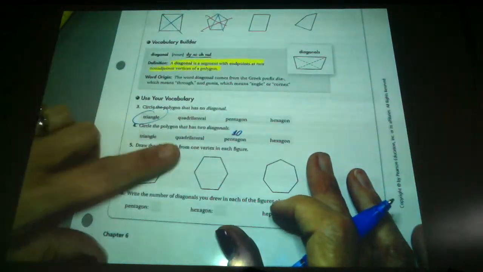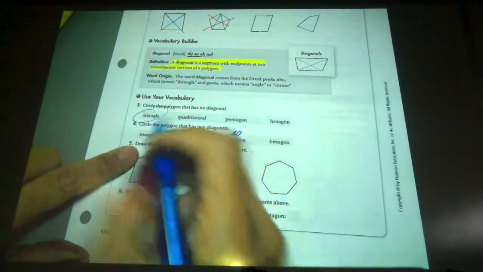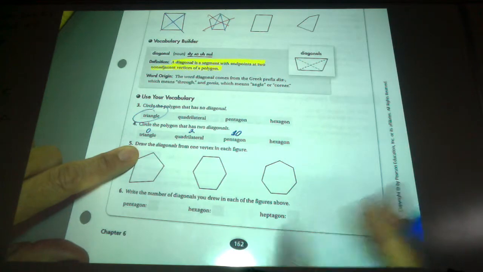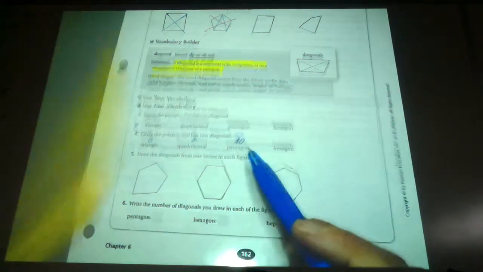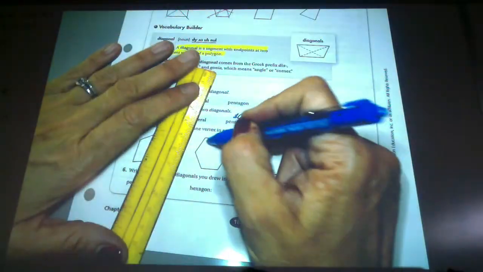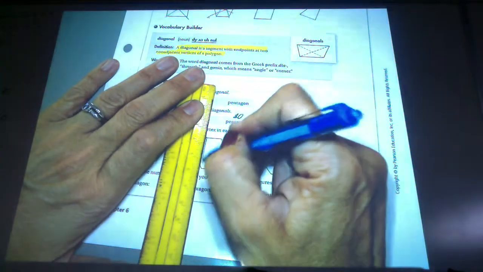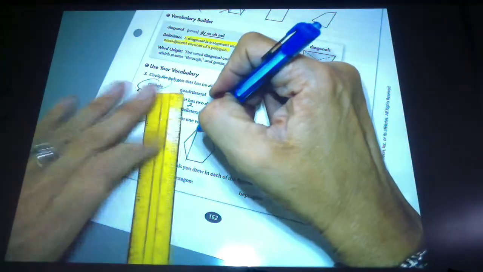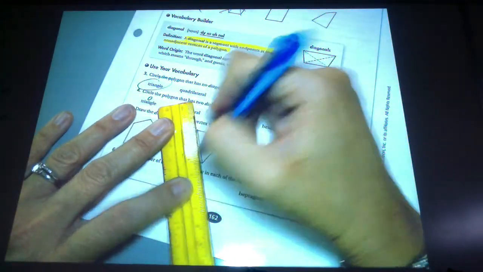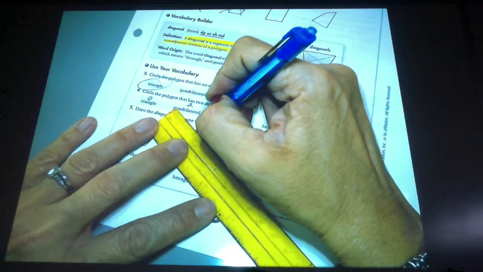So with the quadrilateral, we just showed that there's only two. Triangle, there are none, right? What about a hexagon? Look at this hexagon. I can draw a diagonal from here to here, from here to here, from here to here. Now, would any of those diagonals ever be the same, though?